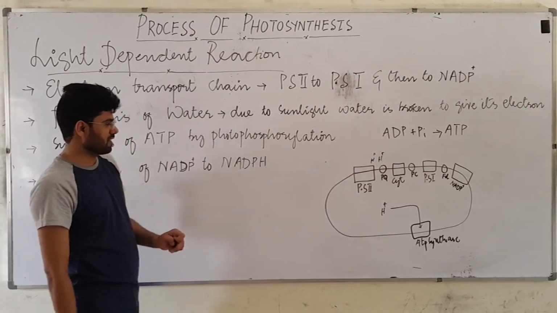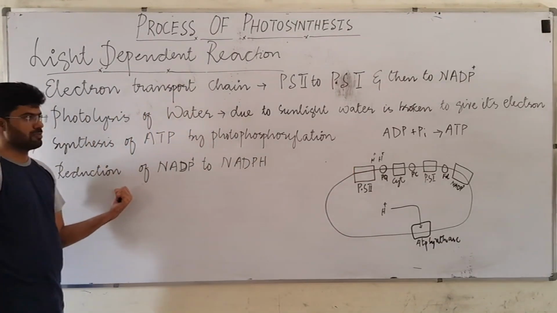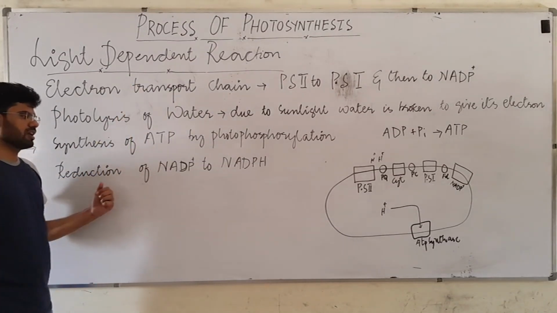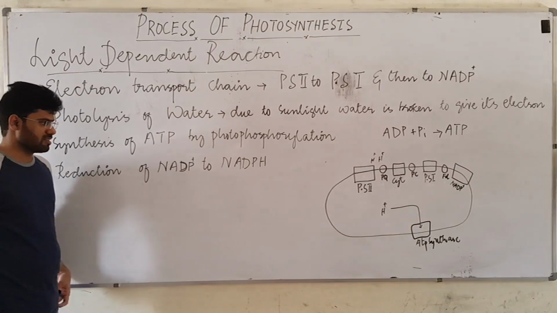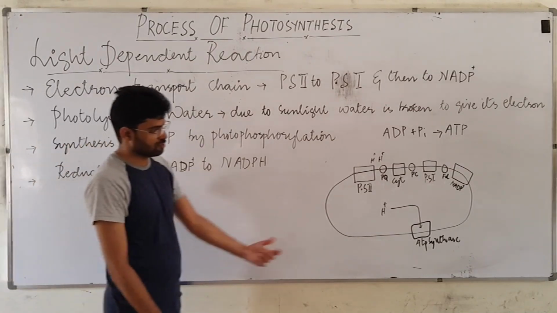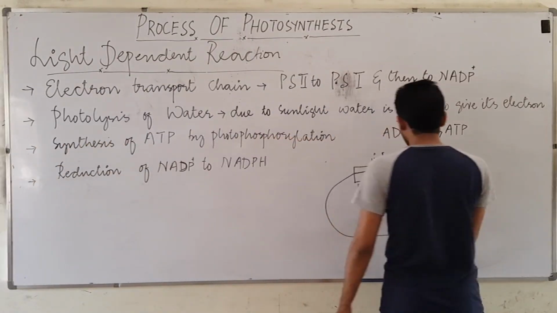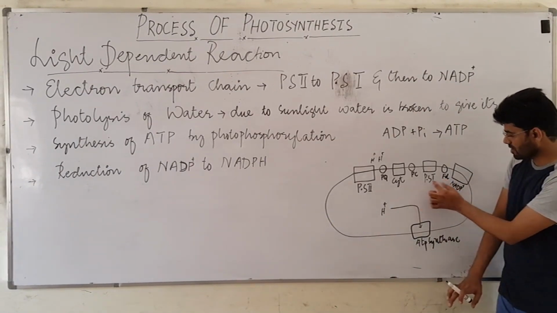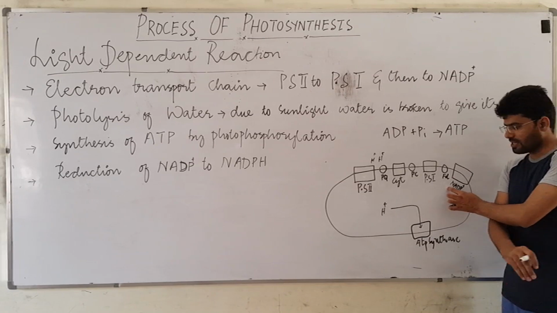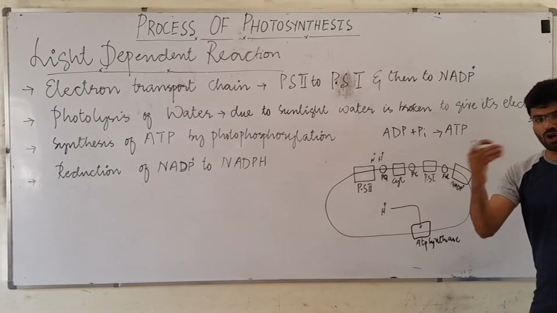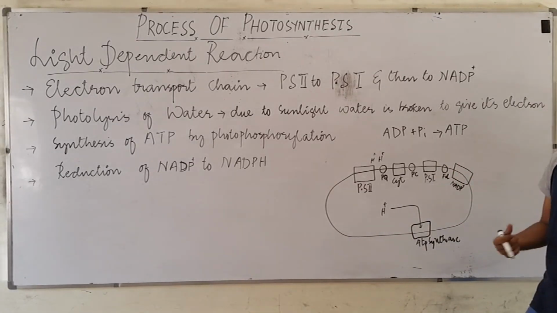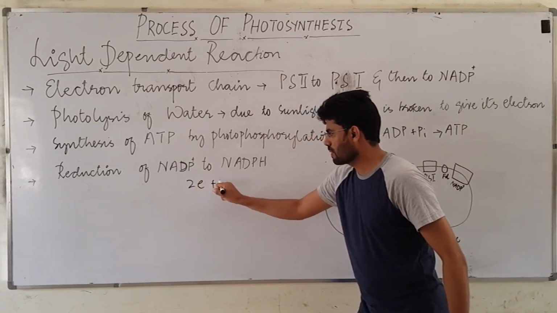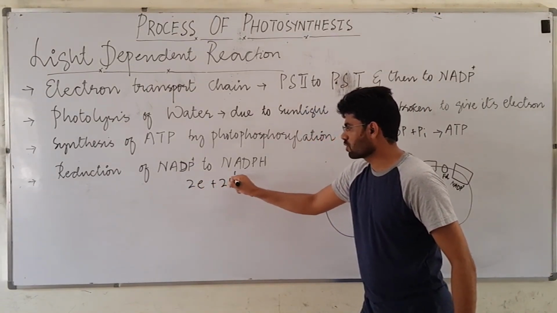The fourth thing that must happen through this light-dependent reaction is the reduction of NADP plus into NADPH. As you saw, when PS1 lost its 2 electrons, those electrons were given to NADP plus. Because of gaining the electrons, you give 2 electrons and 2 protons.